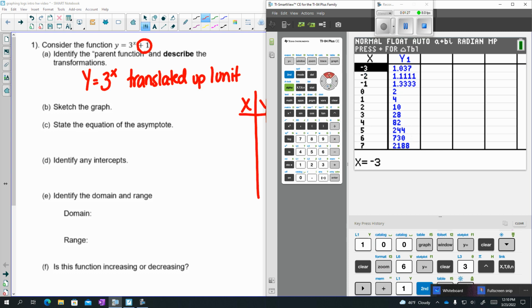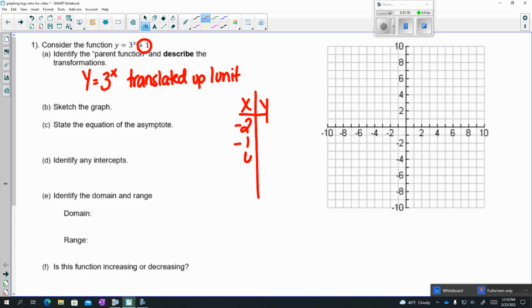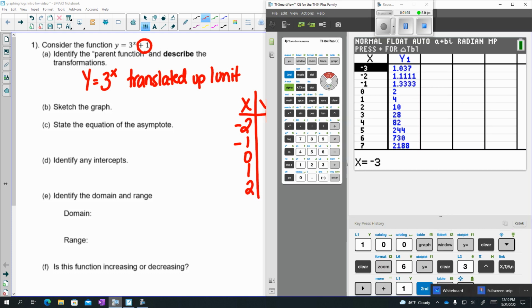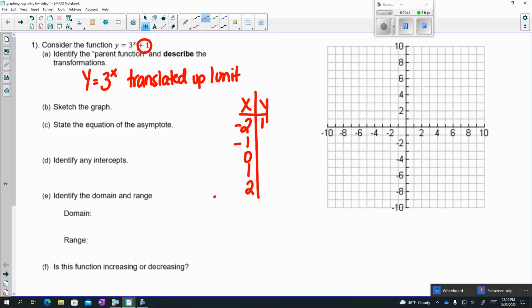I'm going to go to my table and copy down a few numbers. So I have -2, let's say, to 2. Two, 4, and 10.